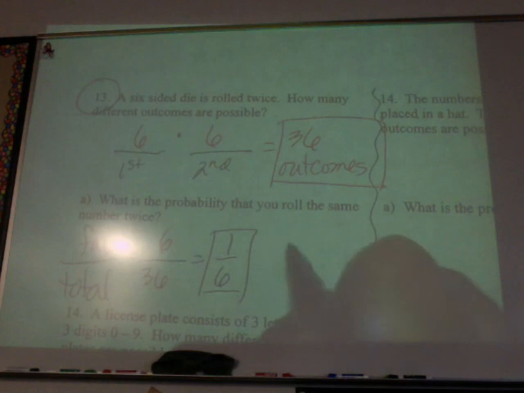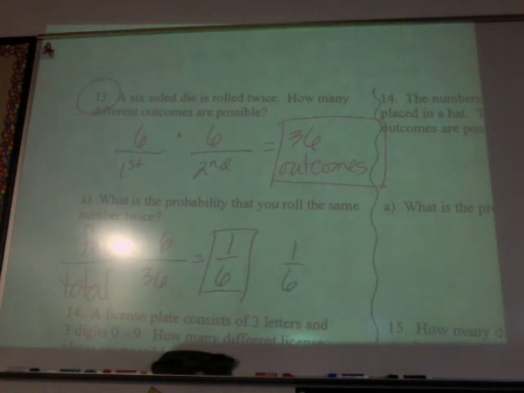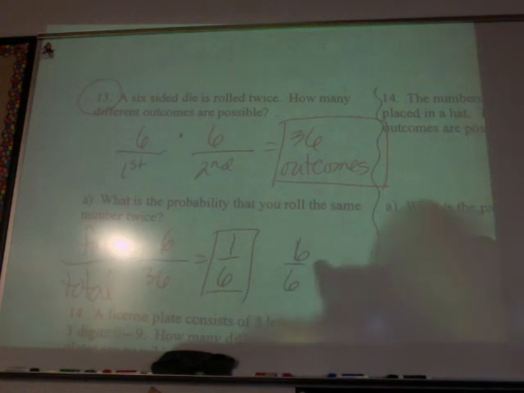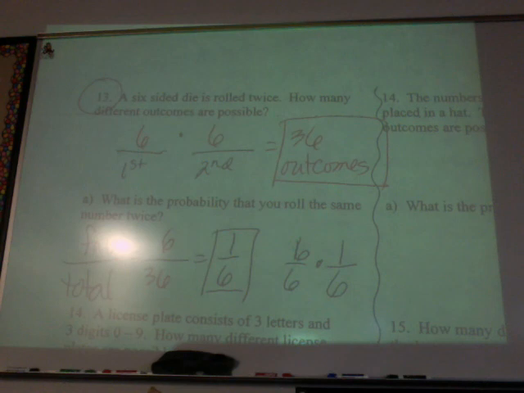So on the first roll, it doesn't matter what I roll. 6 possibilities on the first one, because it wouldn't really matter if I roll a 1 through a 6, right? I have 6 favorable outcomes. But it does matter what I roll on the second one, doesn't it? On the second one, no matter what's rolled here, I only have 1 matching number on the second one out of 6 possible numbers. Does that make sense?